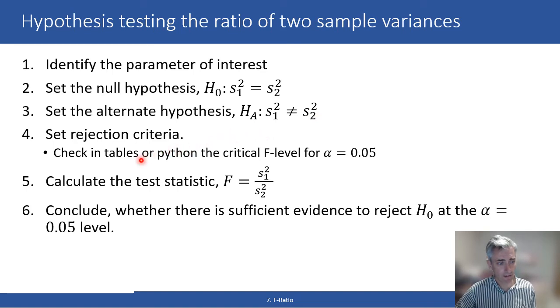Then we need to decide the rejection criteria, the kind of confidence level, if you like, that we want in order to be sure that these variances are different.